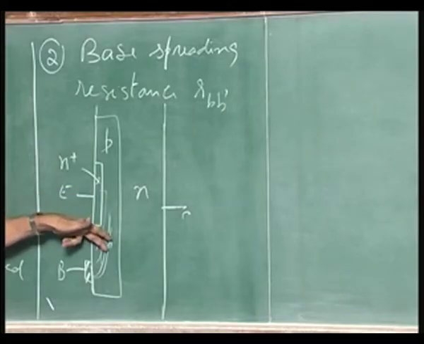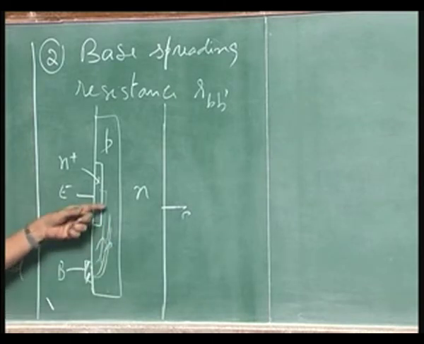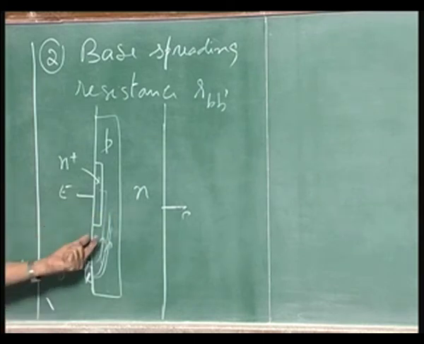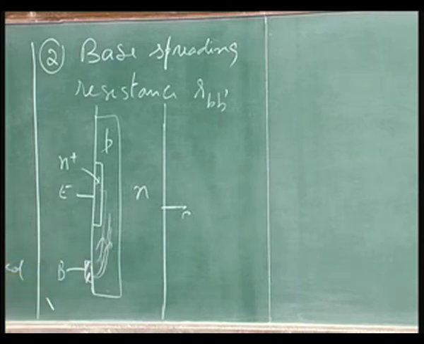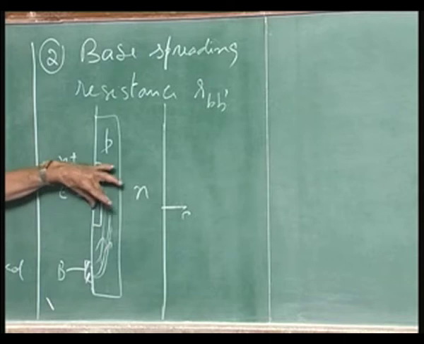So, the resistance of that region depends upon the sheet resistance of this layer. It is proportional to the sheet resistance of the layer, and the sheet resistance would depend upon the thickness there, or to put it in simple terms, the resistance in this direction is more if the width is smaller.